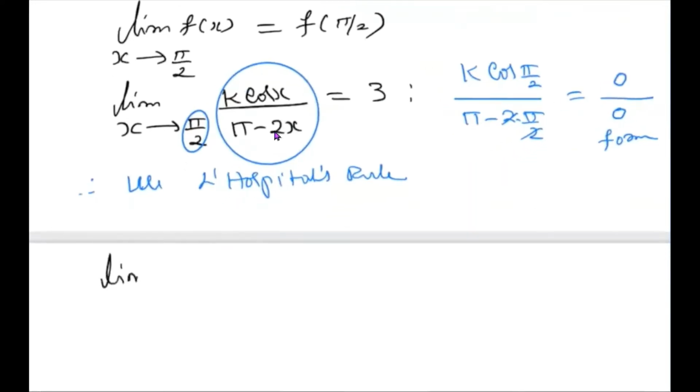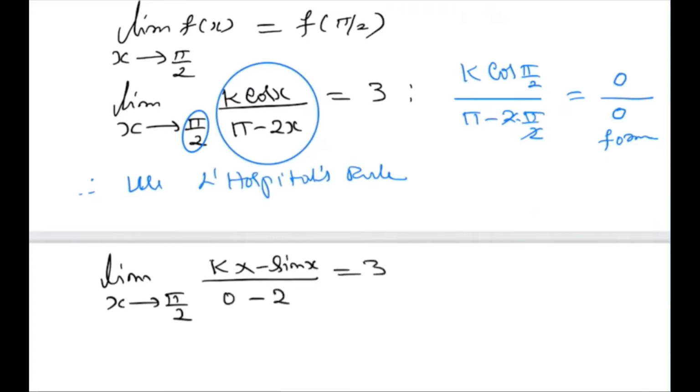So limit x tends to pi by 2, that is k times minus sin x upon 0 minus 2 equal to 3. Now substitute for x, that is minus k sin of pi by 2 upon minus 2 equal to 3.